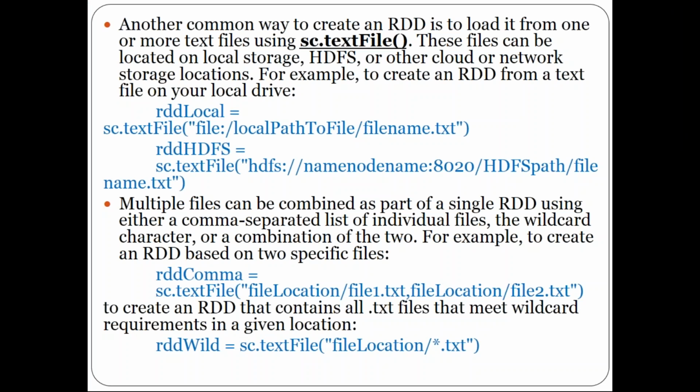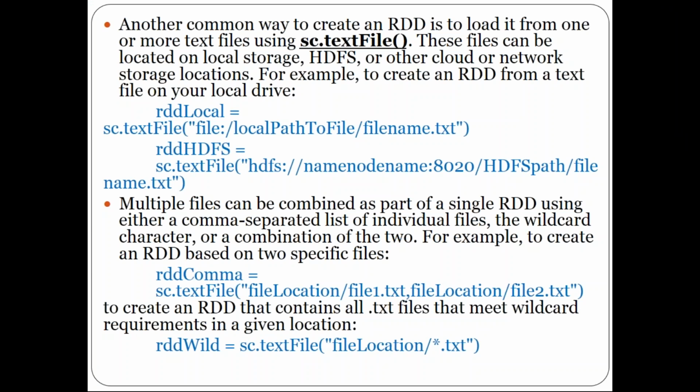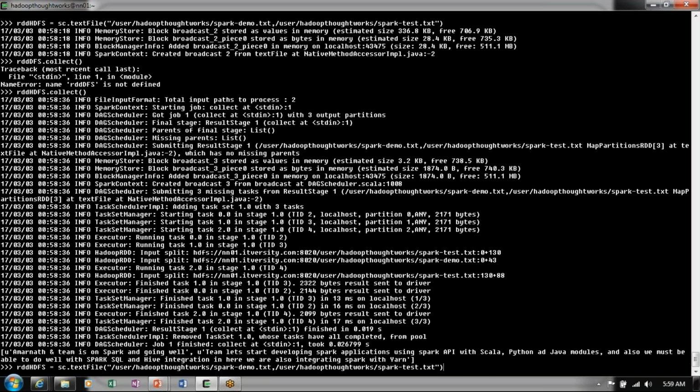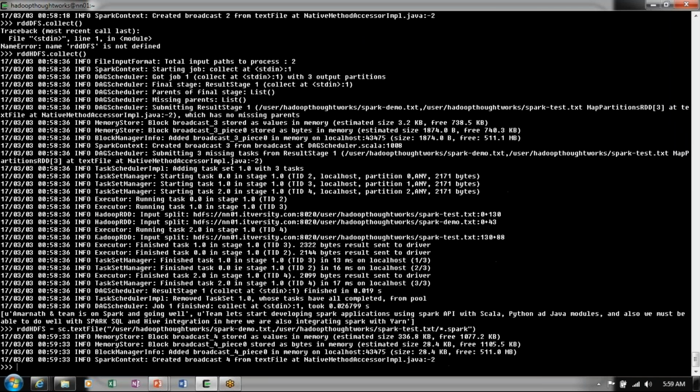Okay, now let's see how we can do wildcards. Input you can give like this. While you give input, you have to mention it like this and star dot spark, so it will pick only the spark part of it.